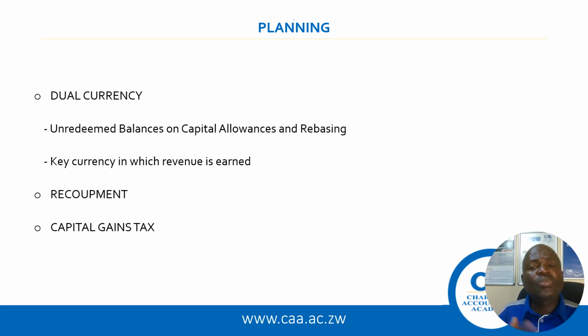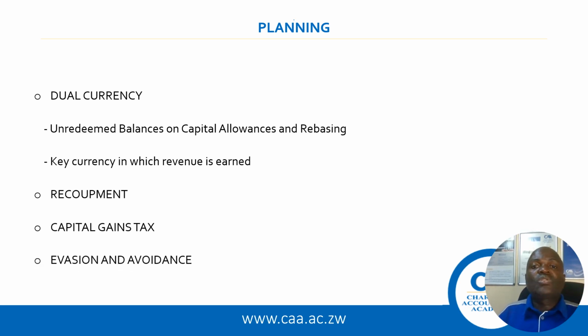Remember, capital gains tax will only arise when the asset has been disposed of. So that's why we are now talking about recoupment. Recoupment is what goes to capital gains tax, but recoupment is a function of what you will have done with the capital allowances. So capital allowances affect capital gains tax.